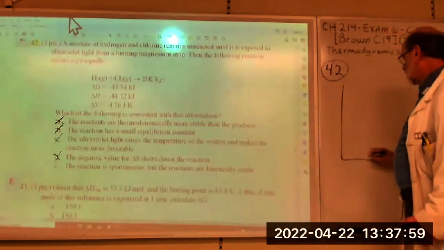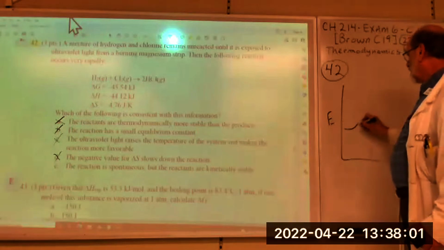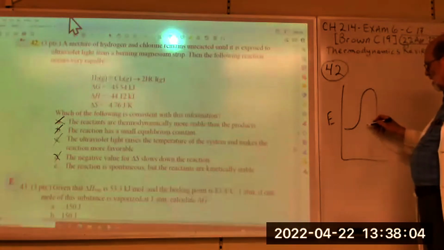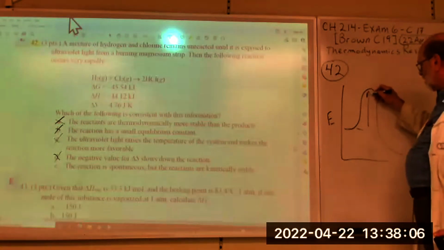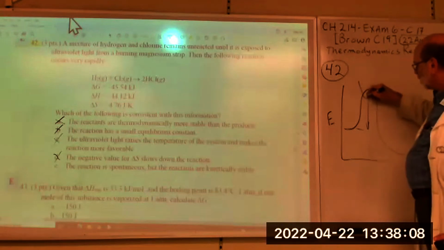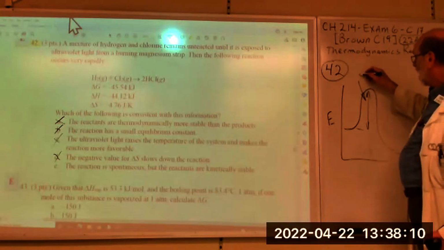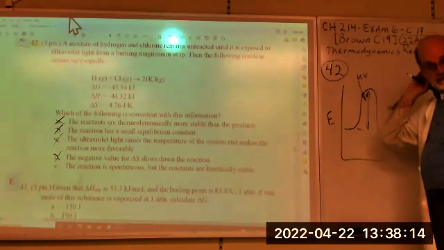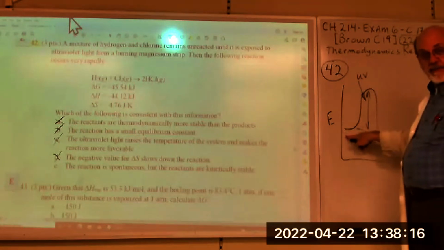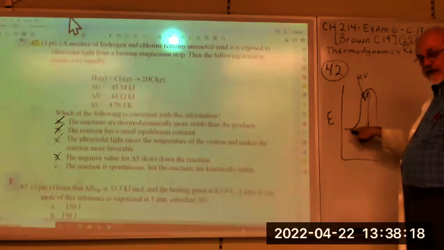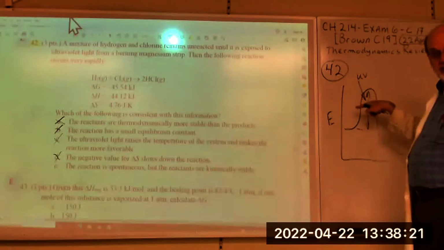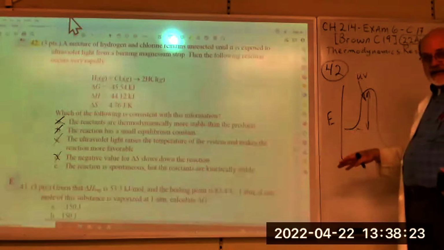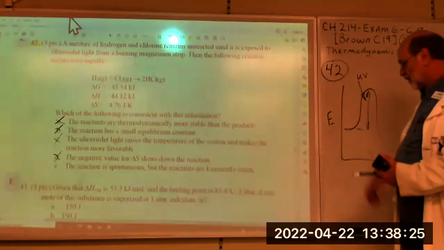So if we're going to do an energy diagram where we go like this, like that, this is the activation energy here. We had to supply the activation energy by ultraviolet light. They were stable, happy right over here until we kicked them with ultraviolet. So they were kinetically stable to begin with. That's the interpretation of that answer.